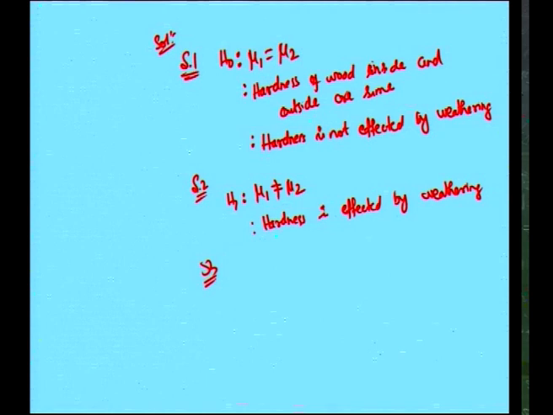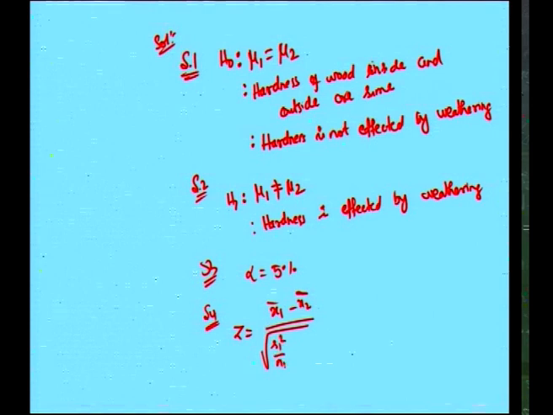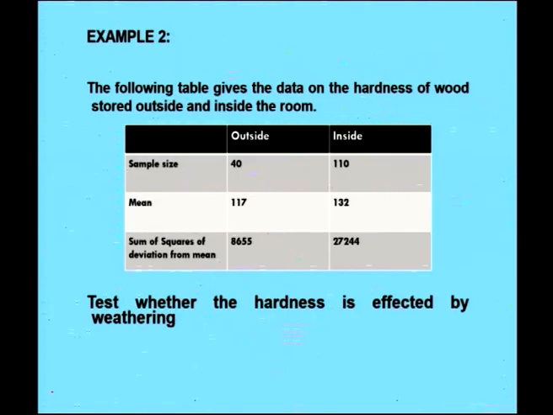Step 3, when the level of significance in the question is not specified, you can take alpha is equal to 5%. Step 4, Z is equal to x1 bar minus x2 bar divided by root of s1 square by n1 plus s2 square by n2. Now, all the values are taken from the question.